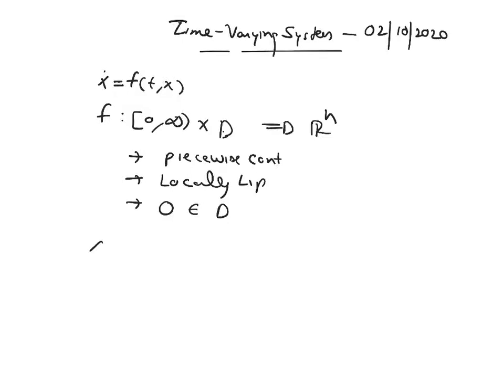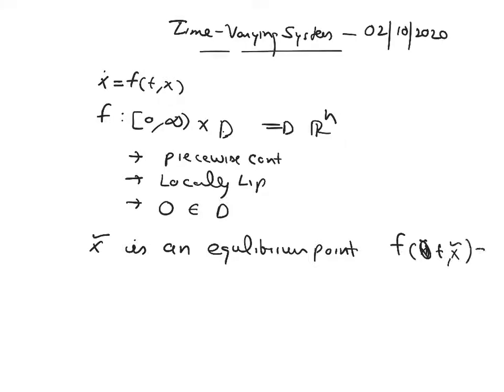So let's say x bar is an equilibrium point. That means f of t comma x bar equals 0 for all t greater than or equal to 0. So that's the equilibrium point definition.